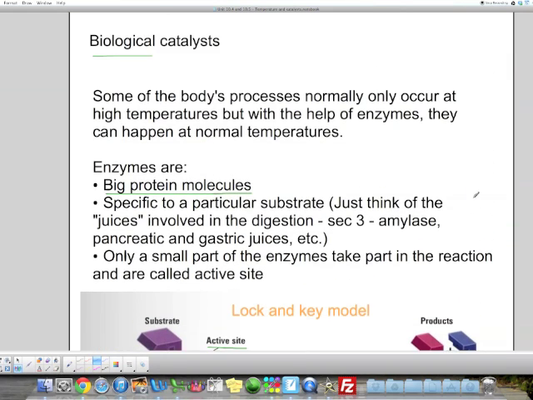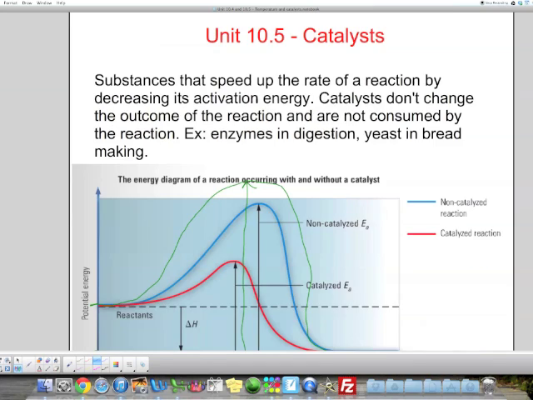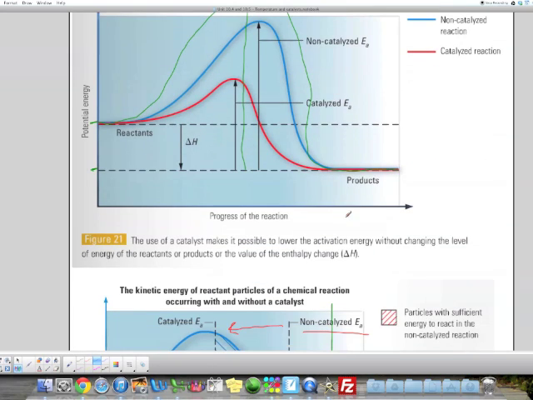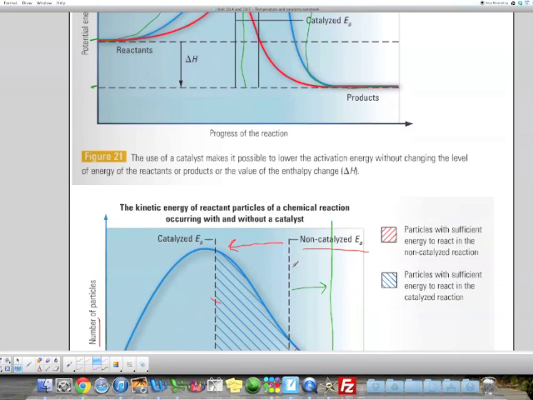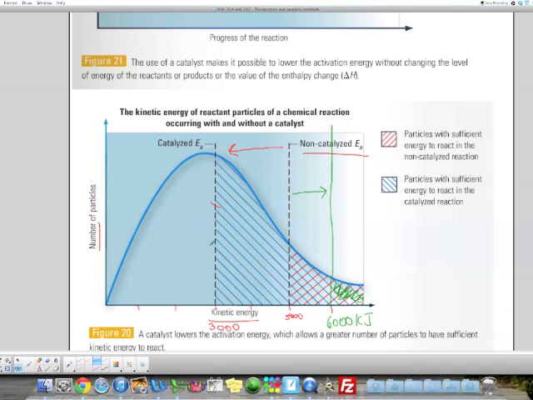Now, what you have to remember from this lesson, a couple of things. A catalyst always lowers the activation energy, which means that the reaction would occur faster because the hill becomes lower, which also implies that more particles can react because the activation energy is lower.